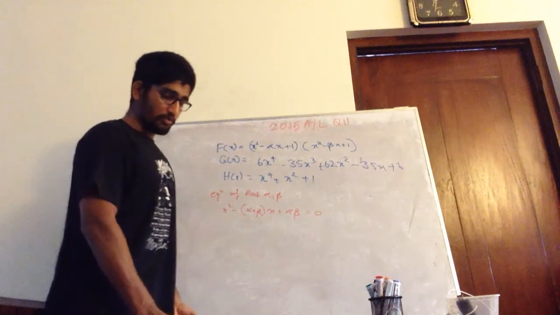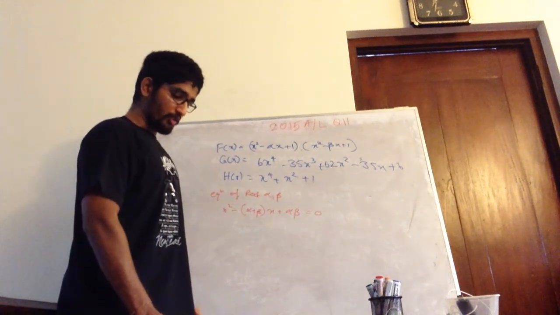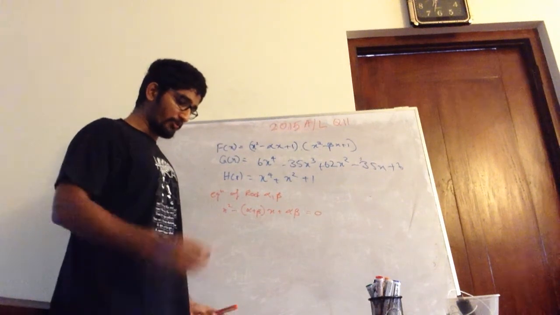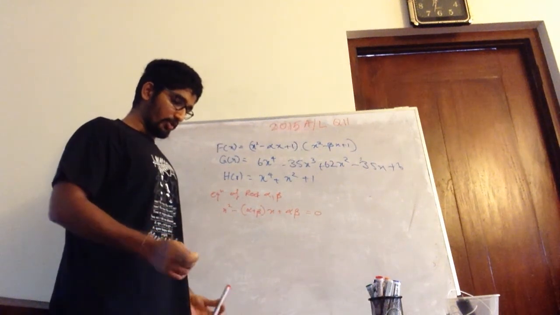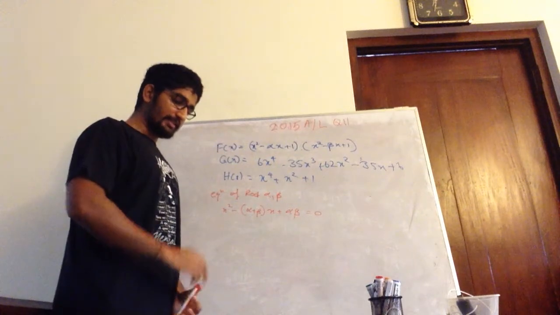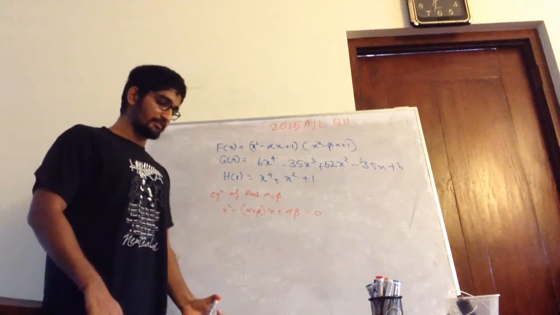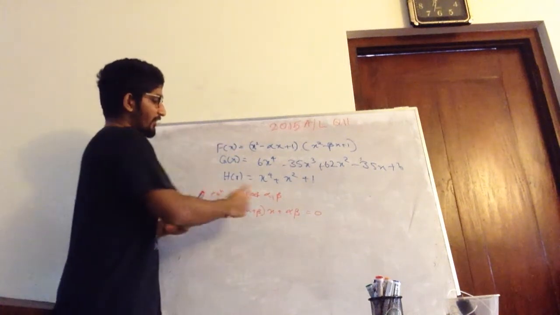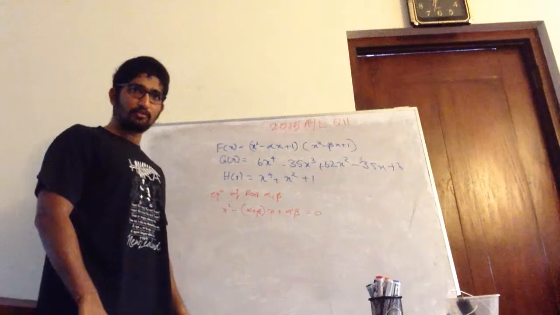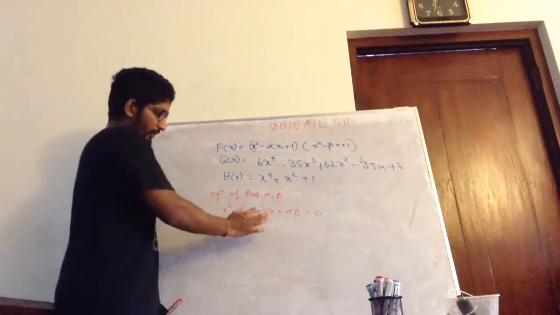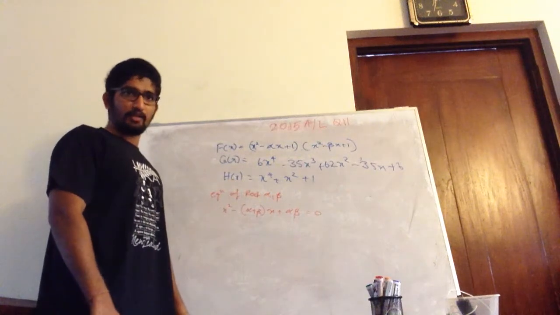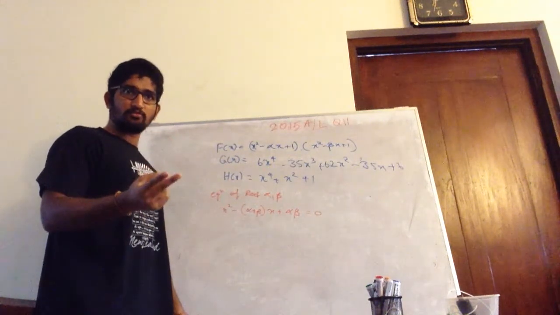Now we need to somehow find an equation that will satisfy this. Either you have to find alpha and beta separately, or you should find the combinations alpha plus beta and alpha beta. Either way we have to find them.